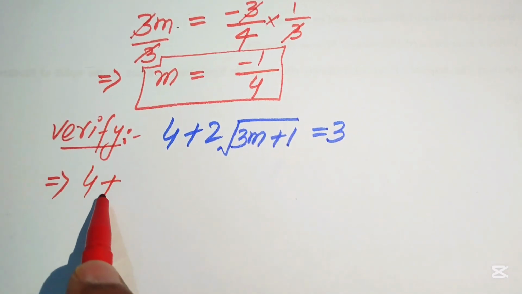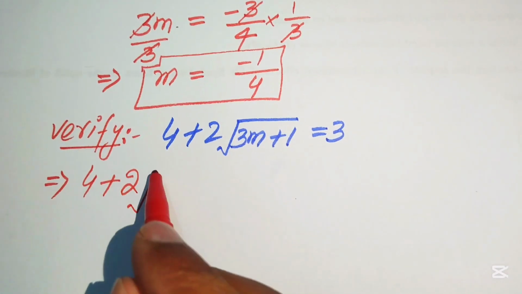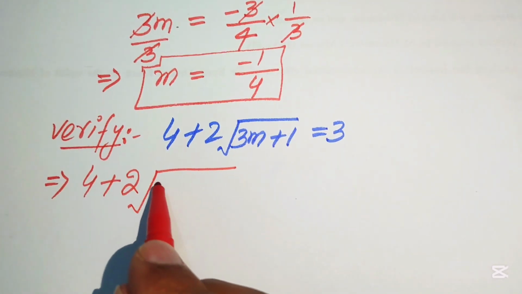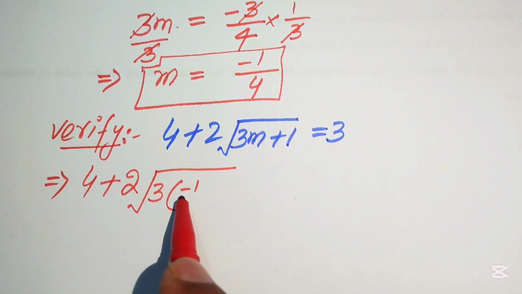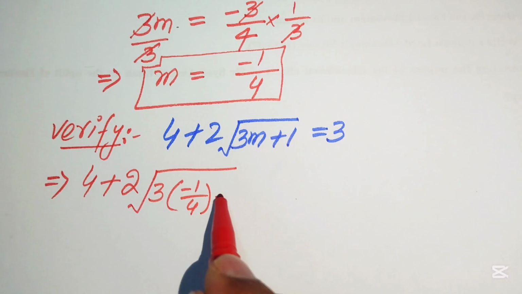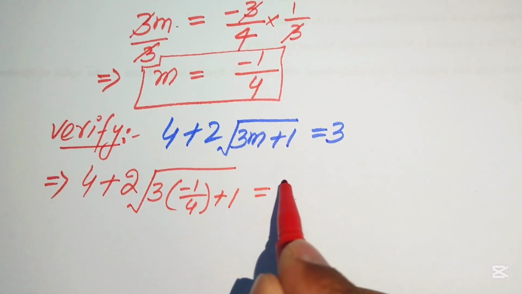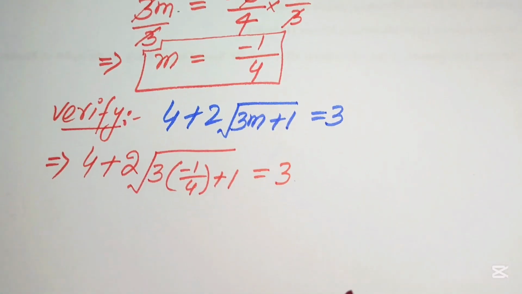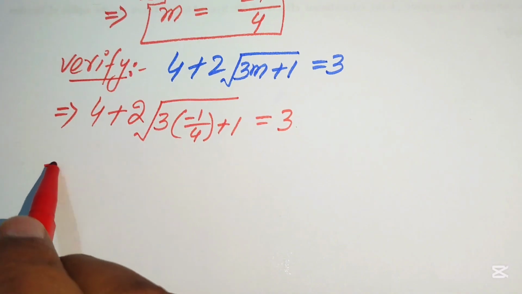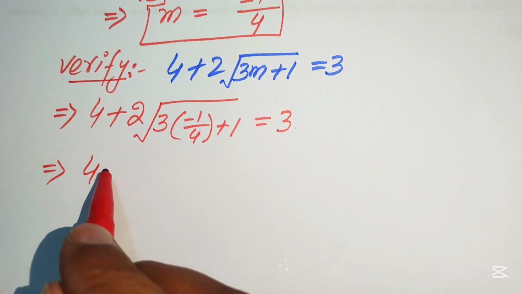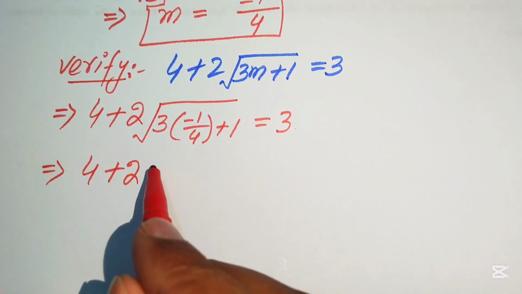So you see this is 4 plus 2 into square root of 3m plus 1, the value of m is minus 1 over 4, and plus 1 equals 3.